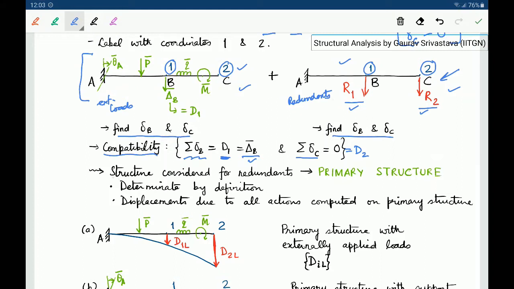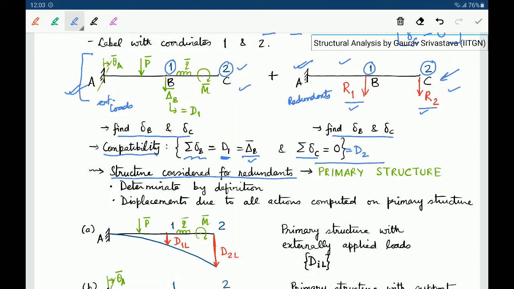Now, we will introduce a new terminology here. Consider the structure for the redundants: when we remove all the supports so that the structure becomes determinate, that particular determinate structure, which we have used here as well as here, is the same determinate structure used for all the analysis before enforcing the compatibility equation.